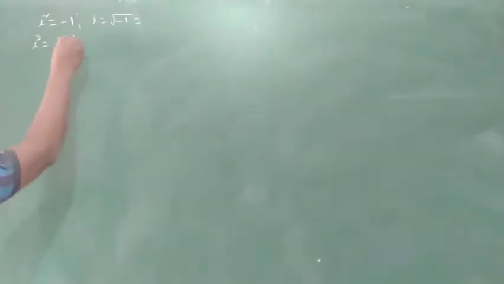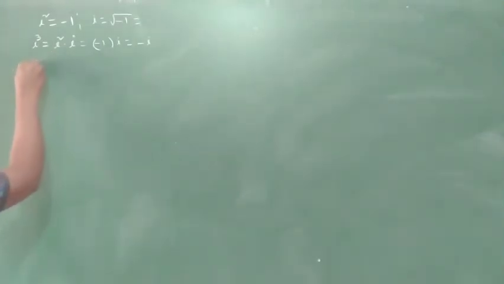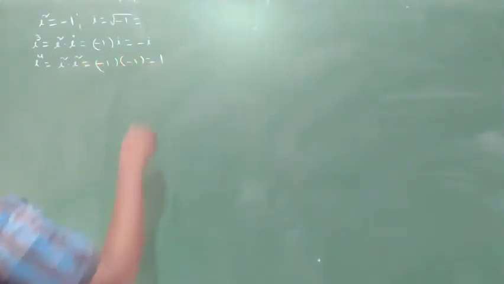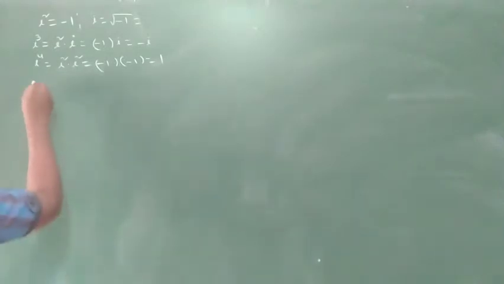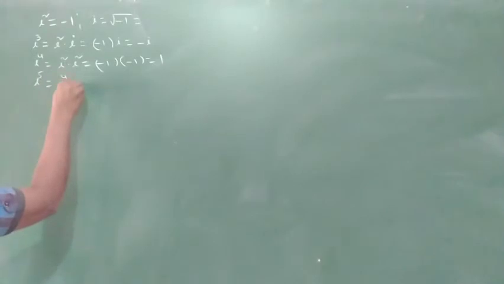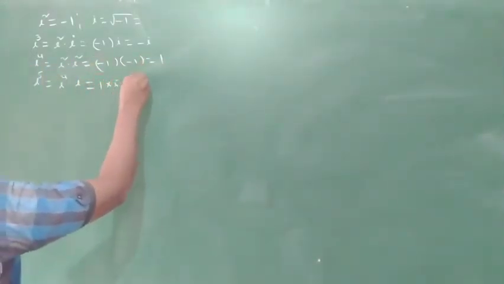Next, i cube is equal to i square into i, which is minus 1 into i, that is equal to minus i. i power 4 is equal to i square into i square, minus 1 into minus 1, is equal to 1. So i power 5 is equal to i power 4 into i, that is 1 into i, is equal to i.